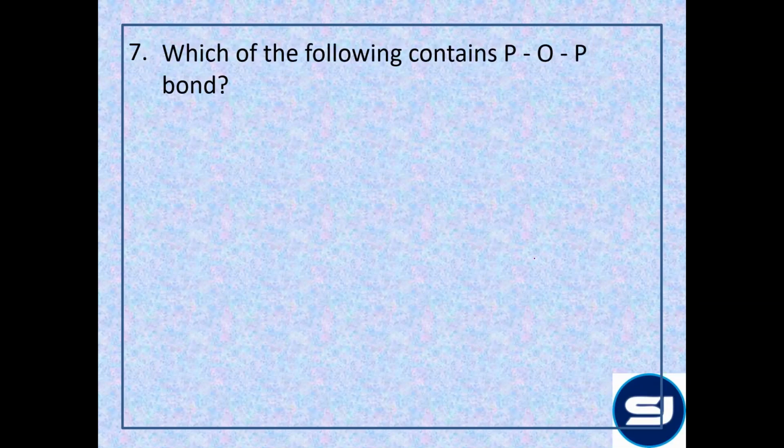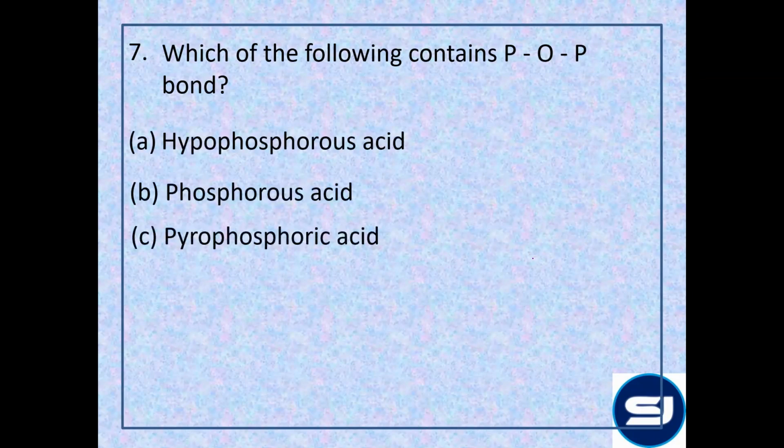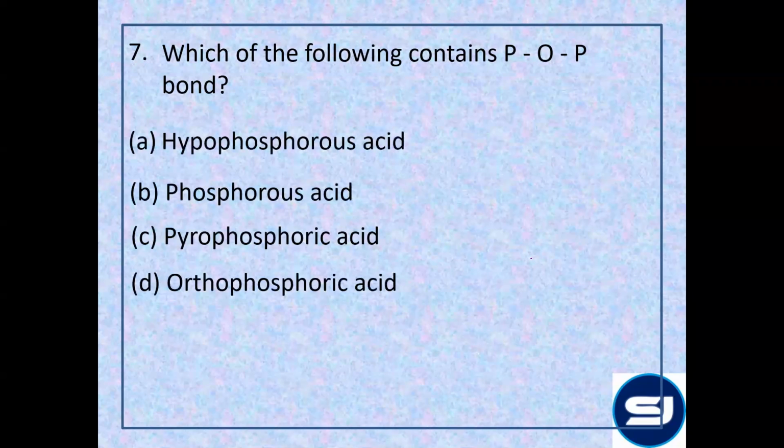Which of the following contains POP bond? POP linkage किसमें है? C. Pyrophosphoric acid. Now pyrophosphoric acid का फॉर्मूला कैसे डिराइव करना है उसका ट्रिक दिया था मैंने.